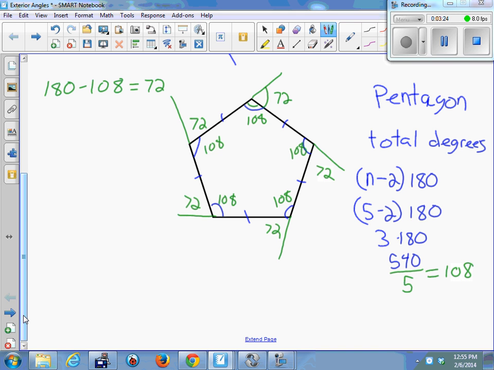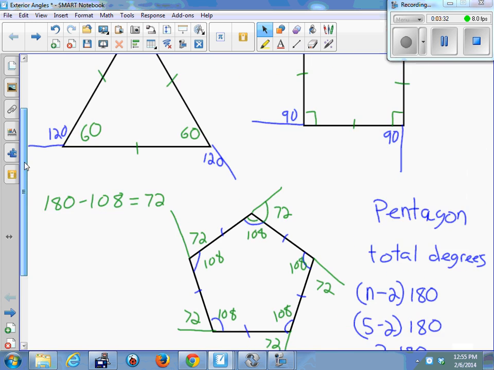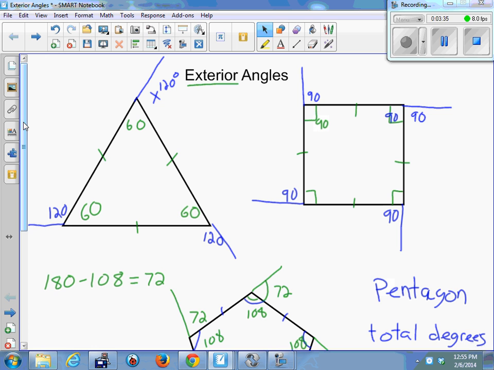Now that we have a couple of shapes up here where we know the interior angles, we solved for the exterior, and we're going to look for a pattern. If you look at an equilateral triangle, the exterior angles are 120 plus 120 plus 120, which adds up to 360. Okay?